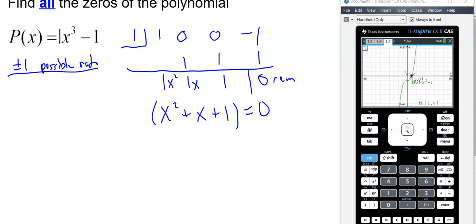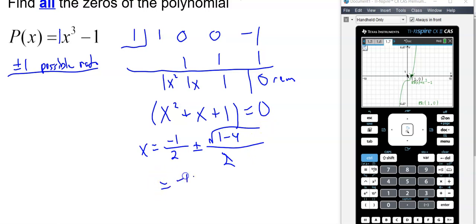So I'm going to do the quadratic formula. So x equals the opposite of b, the opposite of 1, over 2 times 1, plus or minus the square root of b squared, which is 1, minus 4 times 1 times 1.